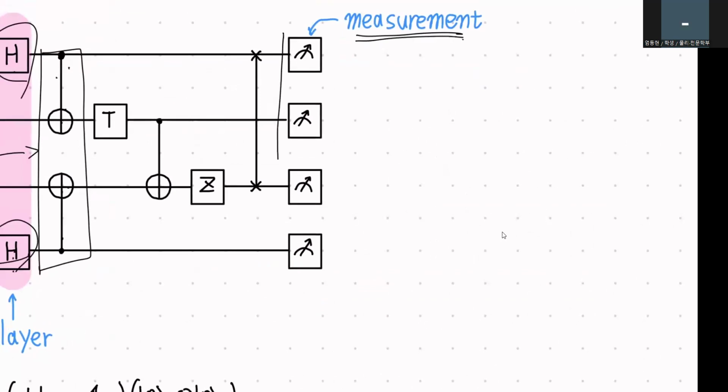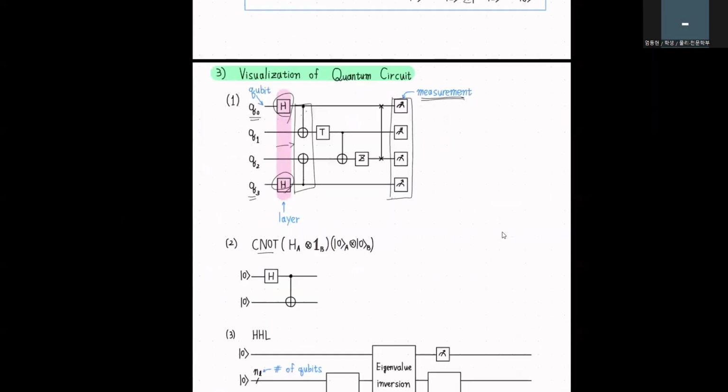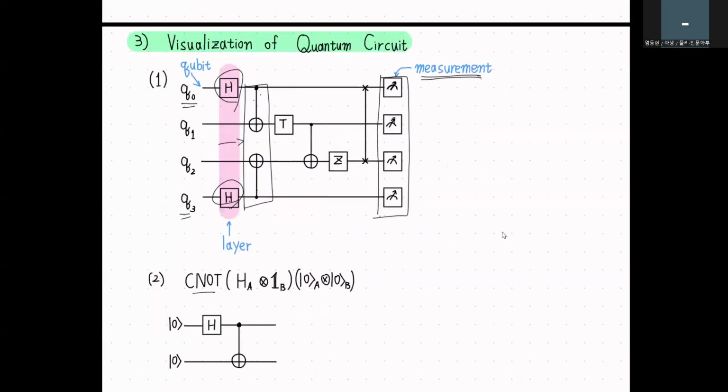Measurements are usually represented by these little gauge diagrams. These represent a measurement such that a quantum state collapses and we end up with classical information. Now, most of the time these measurements are at the end of the circuit after we've done all our processing, but sometimes they can be in the middle of a circuit.